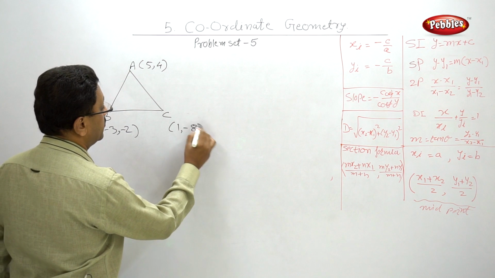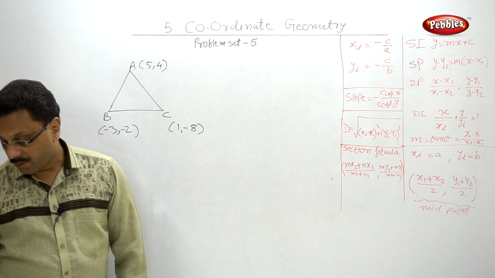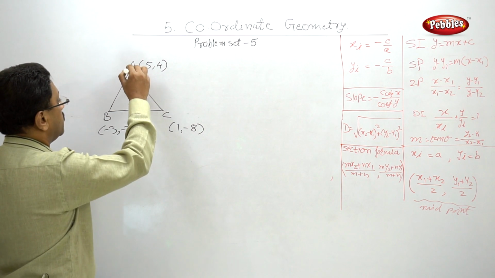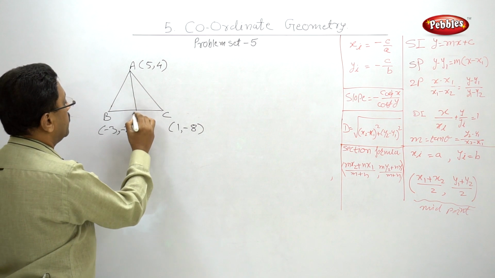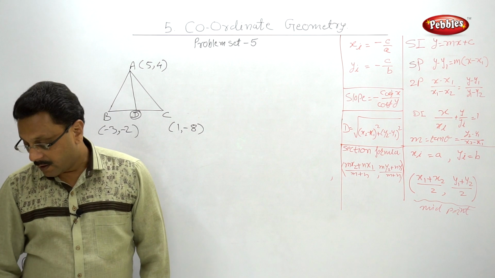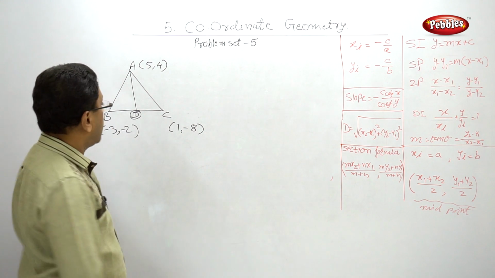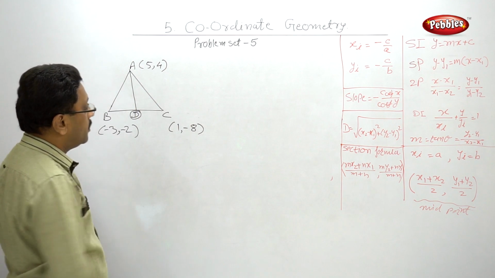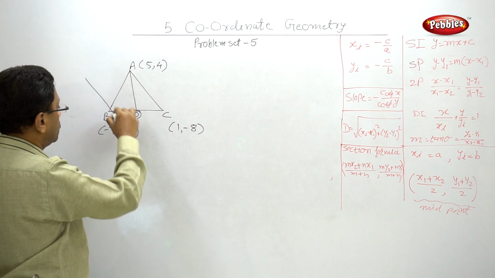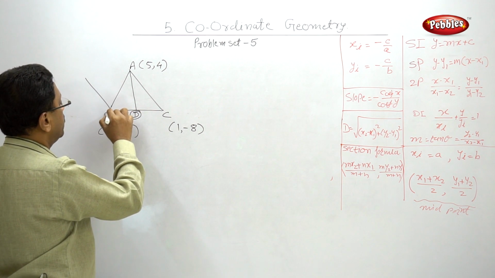Okay, what do they say? Find the equation of median AD. This is the median AD, and the line parallel to AC passing through point B. That means that line will be something like this, which is passing through your point B.